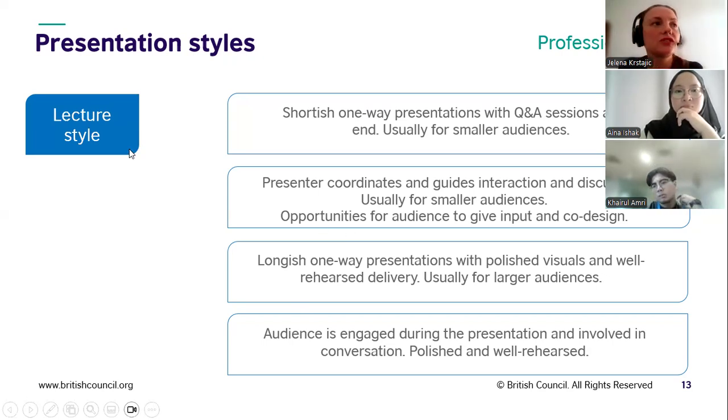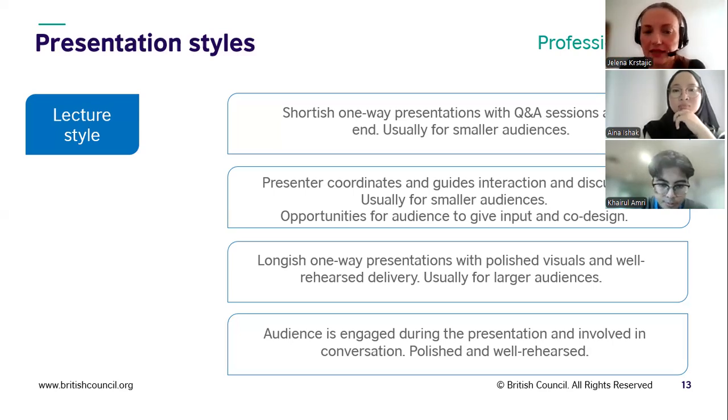When you think about the lecture style, it's usually like when you were at university or maybe you're still attending any courses, when the audiences are much wider, bigger. You have, let's say, 1 professor. So which one would be out of these 3?